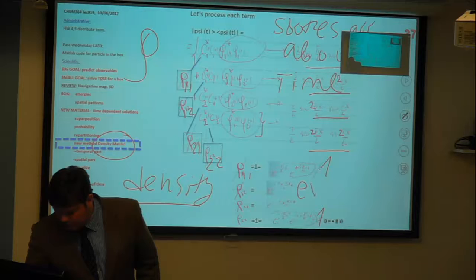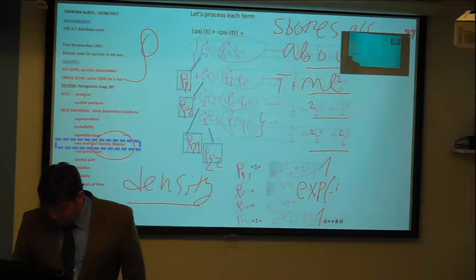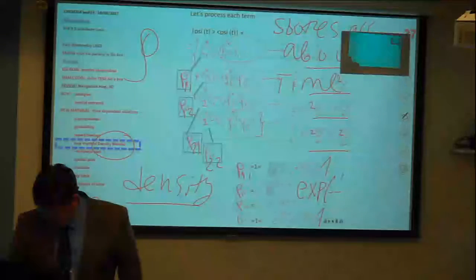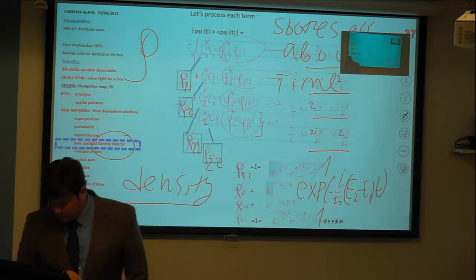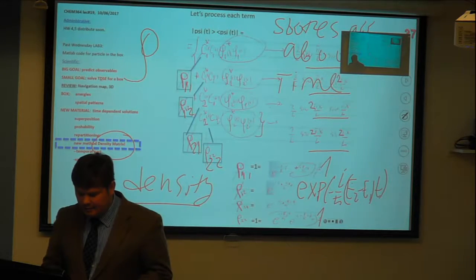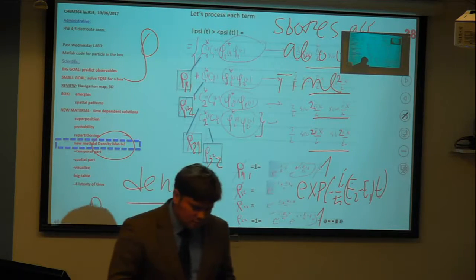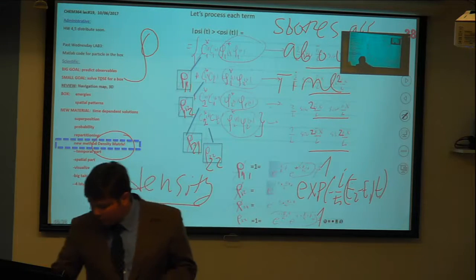Just in case you do not see it here, I write it: exponential of i over h bar, E2 minus E1 times time. And if we had a specific initial condition, then it is also accumulated here.